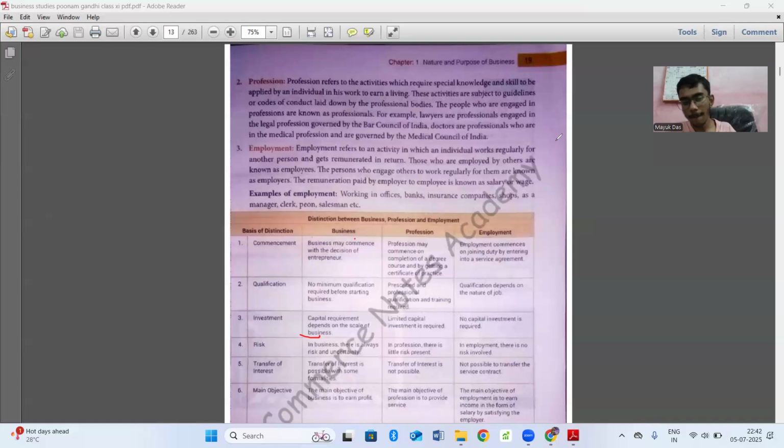After qualifying his LLB course, the person needs to pass the AIBE exam, that is, the All India Bar Examination. After qualifying the AIBE exam, he will get the license of BCI, that is, the Bar Council of India. And finally, after getting his BCI license, he will be eligible to practice in the court.